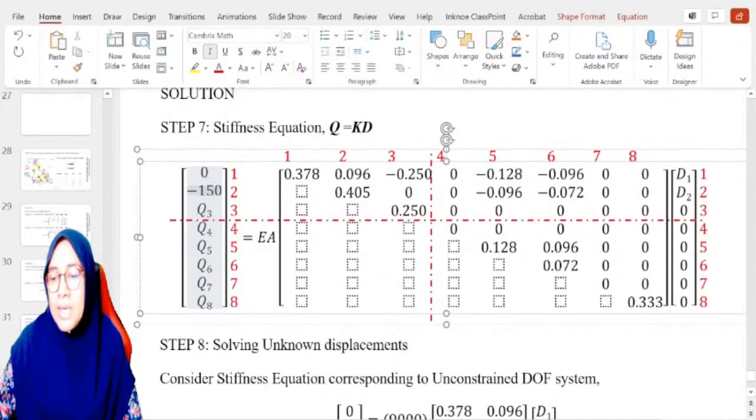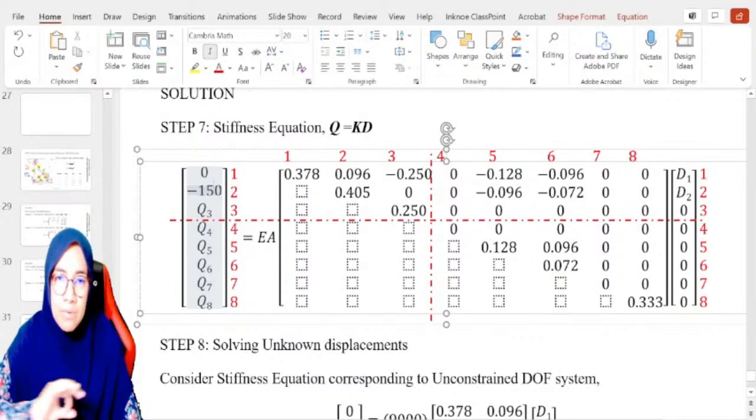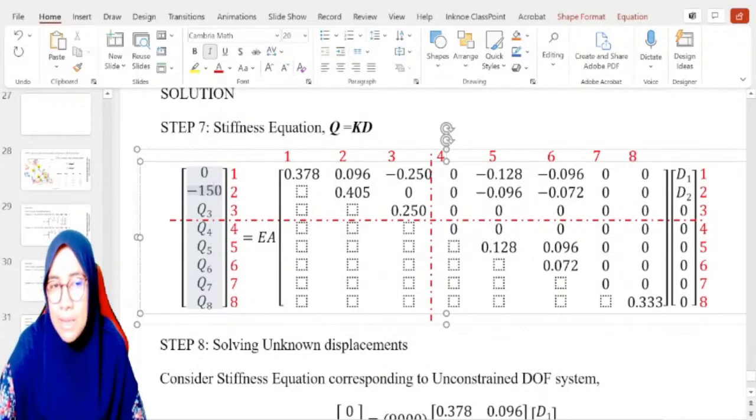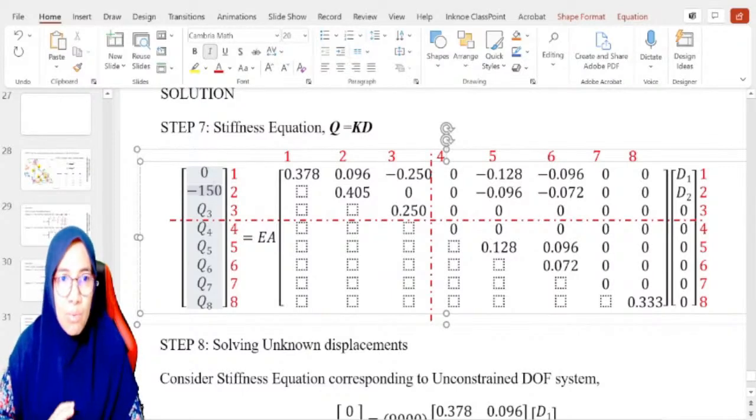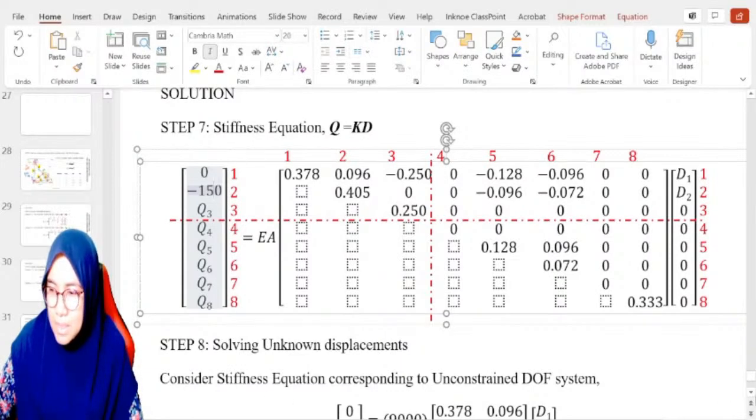Because we need to focus only on the 3 by 3 matrix, means from 1 1 until 3 3.